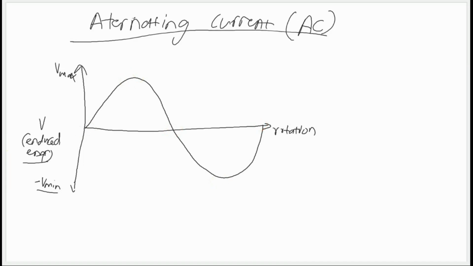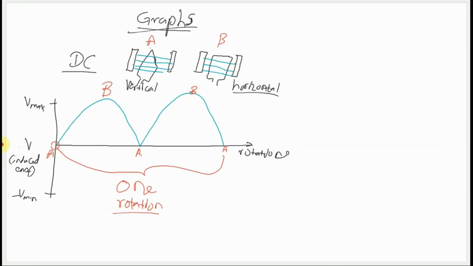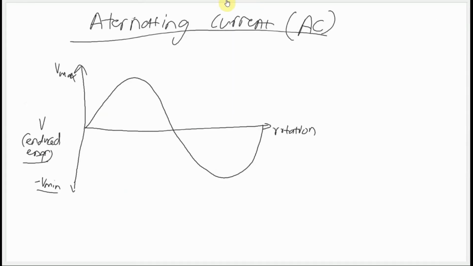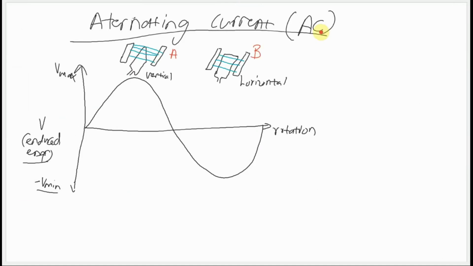Again, if you start with a vertical position, I'm going to repeat the same pattern here and draw small illustrations of the position of the loop across the magnetic field.